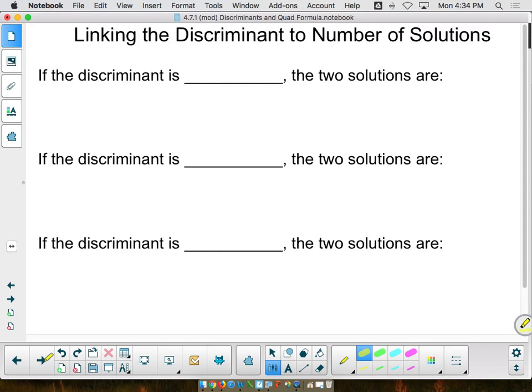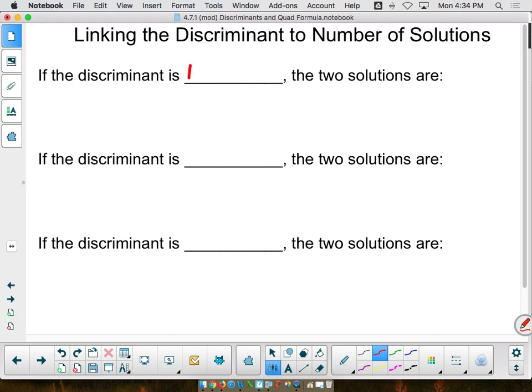Okay. So here are the three different possibilities. We know every equation that has x squared in it is going to have two solutions. Yesterday we looked at factoring, and all of those problems had two solutions in it.